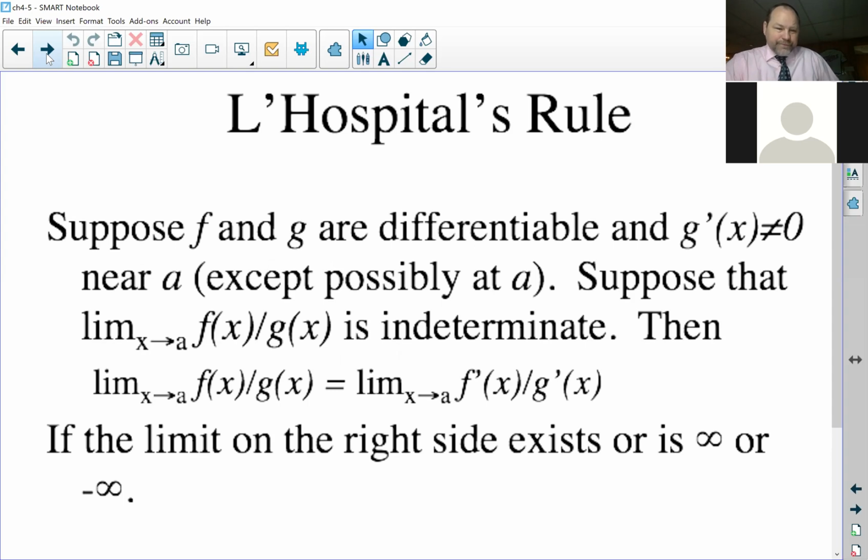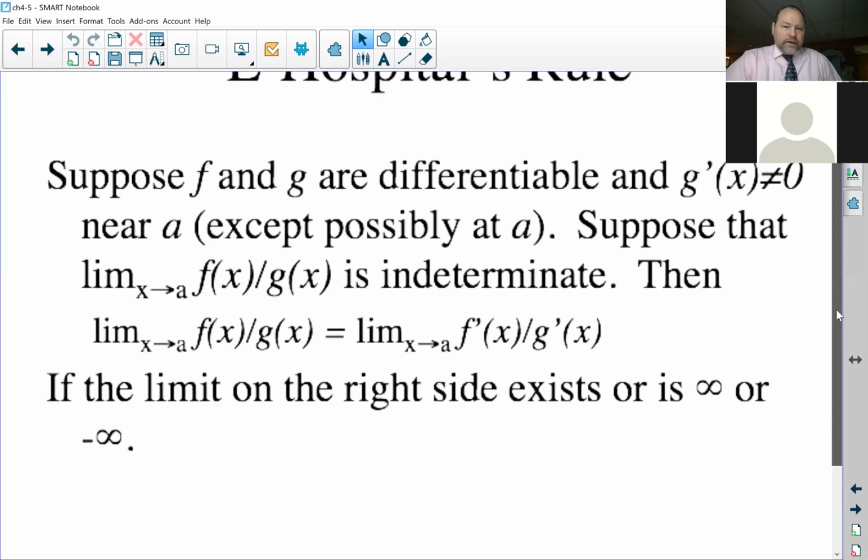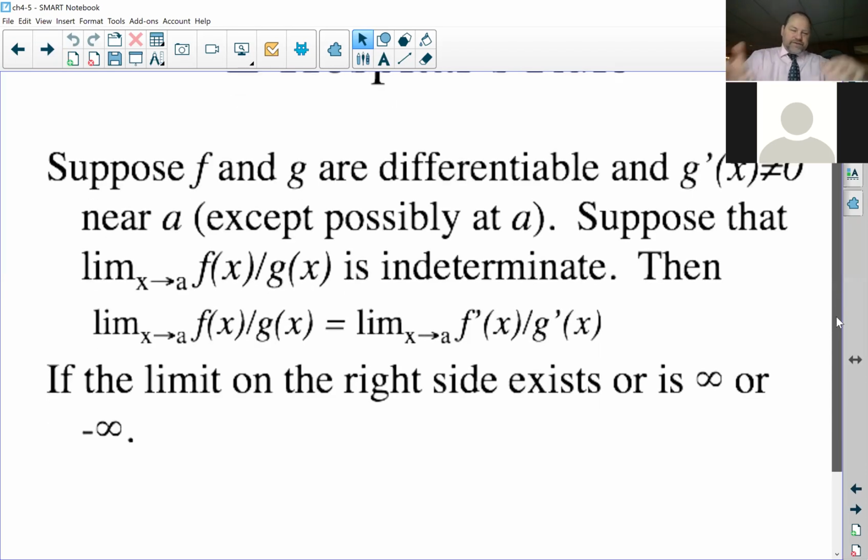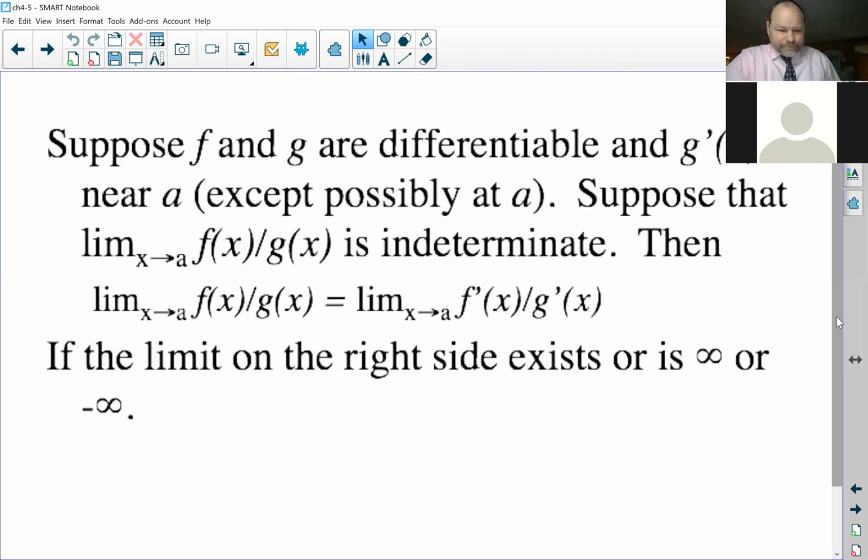What we can do is, from that limit, take the derivative of the numerator and divide by the derivative of the denominator and take that limit. And if that limit exists, that is the limit of the original function. If it does not exist, or if it gives us another indeterminate form, then we have to move on from there.